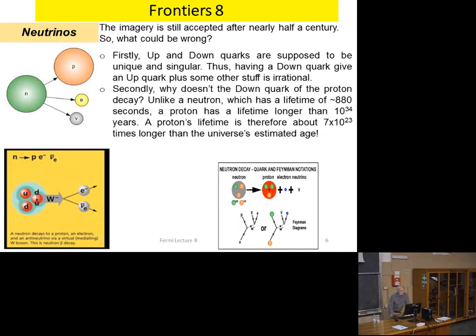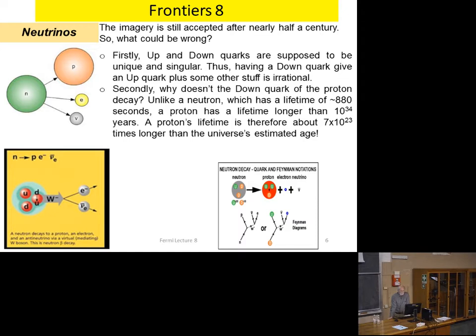But if this is true, then we have these lifetimes that are strange. The neutron has a lifetime, as I said, of 888 seconds, while the proton, the other companion particle, has a lifetime that's incredibly long.